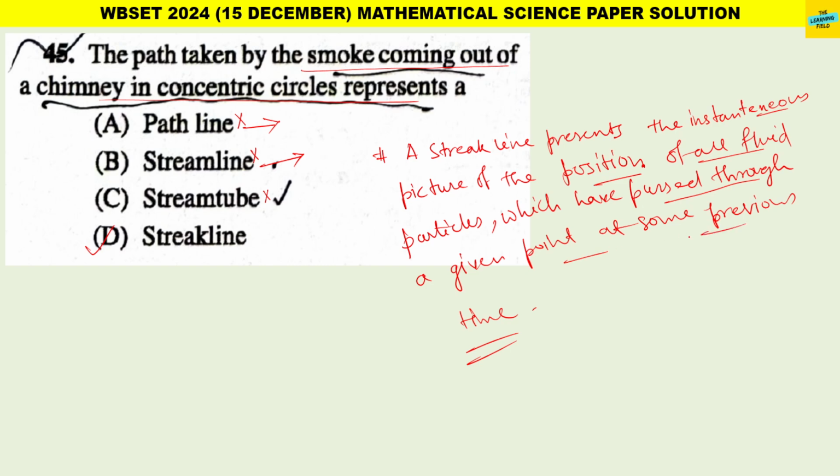That means the fluid particle that was at some place some time earlier, where it passed from, is changing its position with respect to time. So this is called a streak line. And the smoke coming from the chimney in concentric circles, the particles of the smoke change their position with respect to time. That's why the option is streak line.